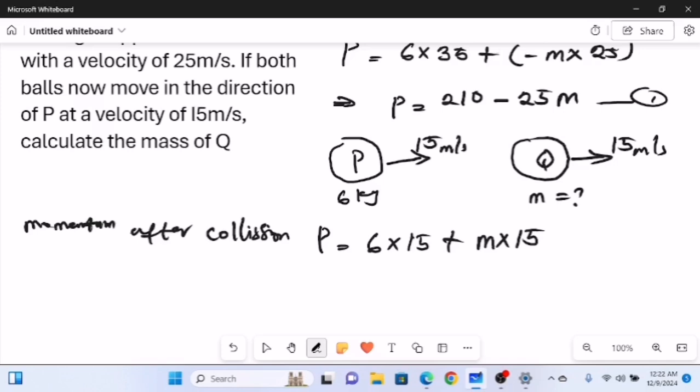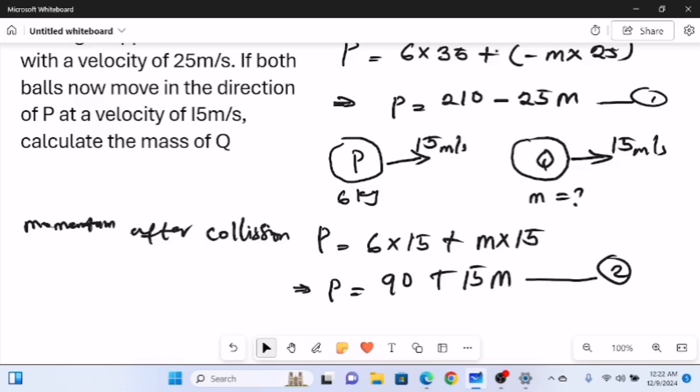So the momentum after collision becomes 6 times 15, and that simply gives us 90 kilogram meter per second plus 15m. You call this equation 2.